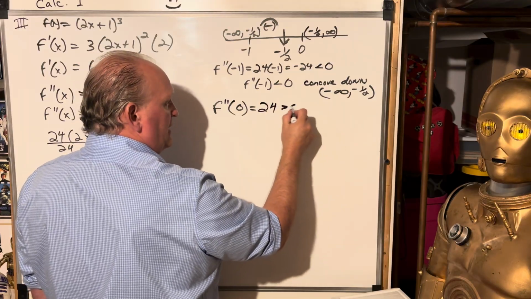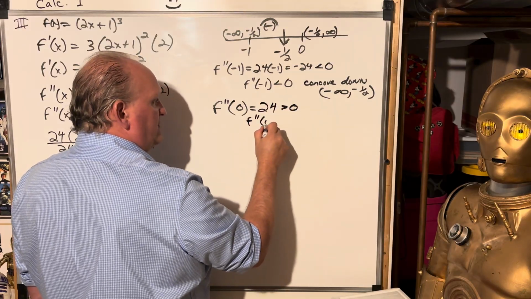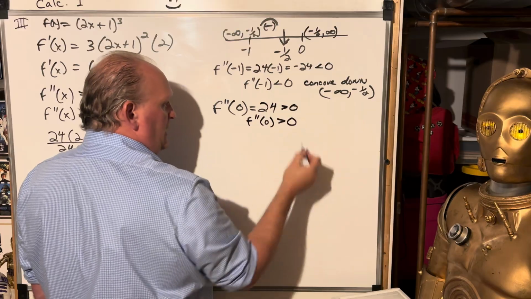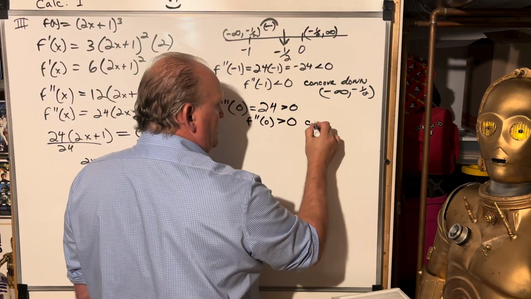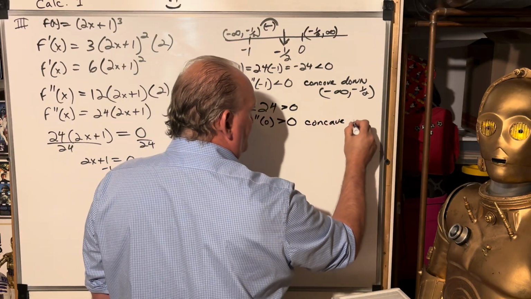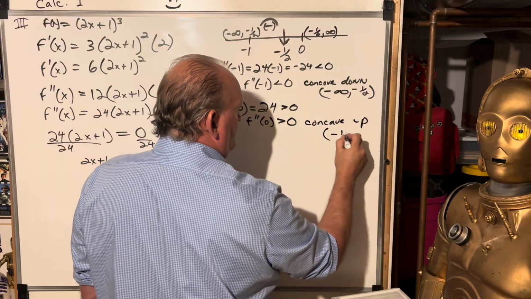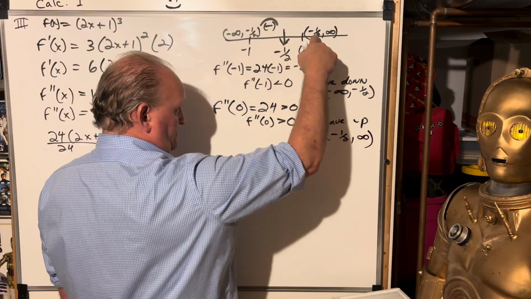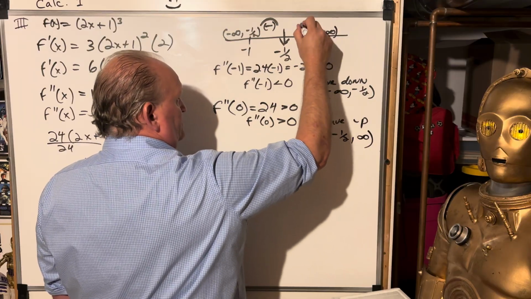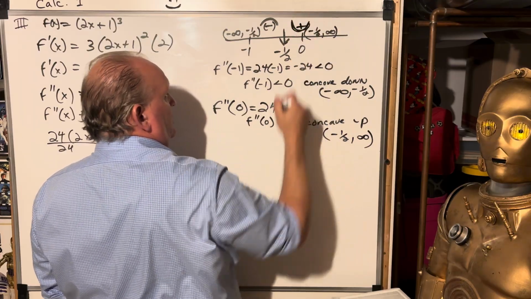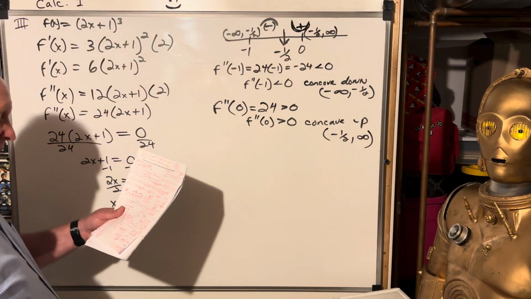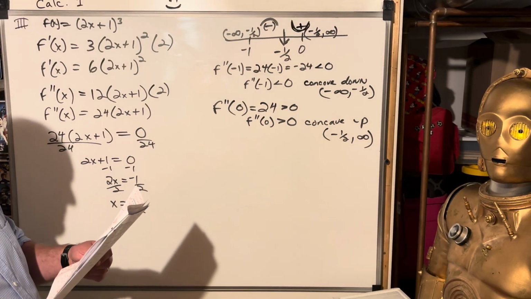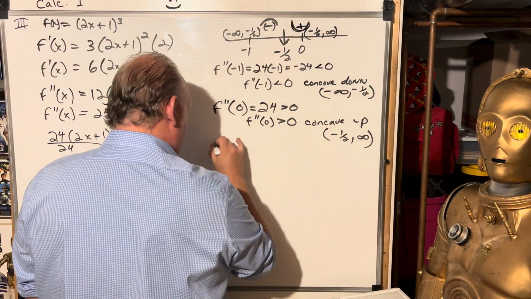And that is positive. So f double prime of 0 is greater than 0, or positive. So that's concave up from -1/2 to positive infinity. That whole interval is concave up. So if we're changing from concave down to concave up, we have ourselves an inflection point.